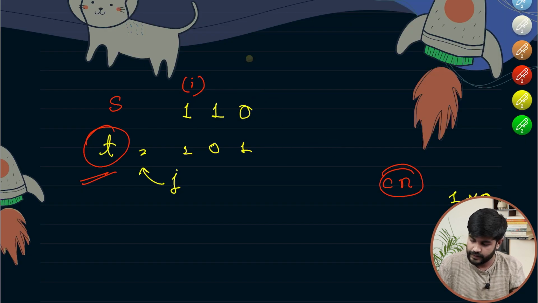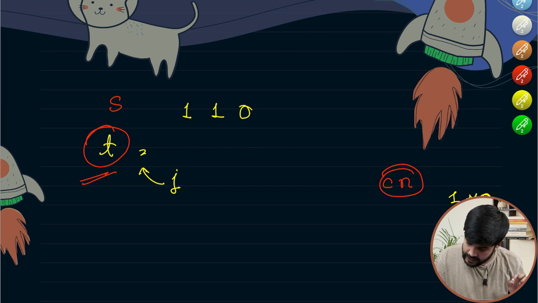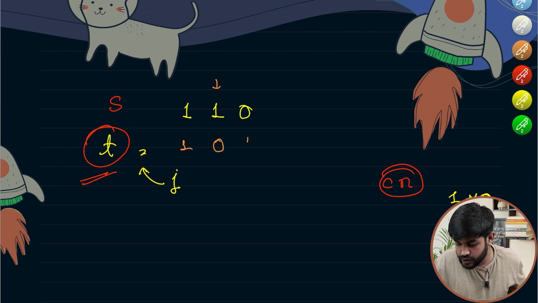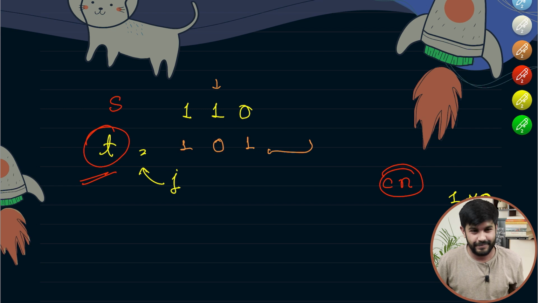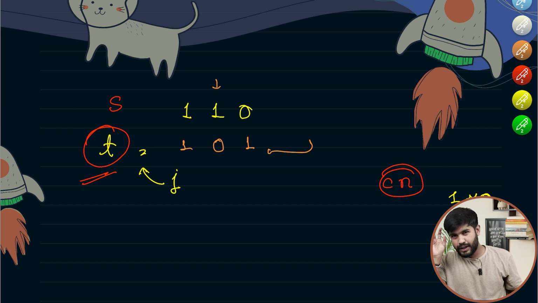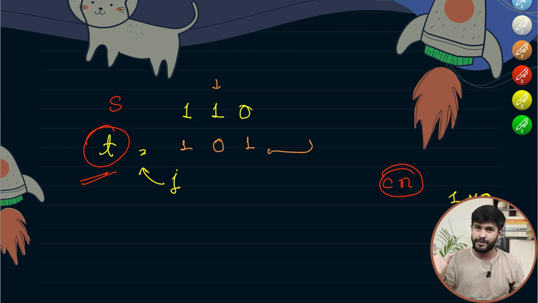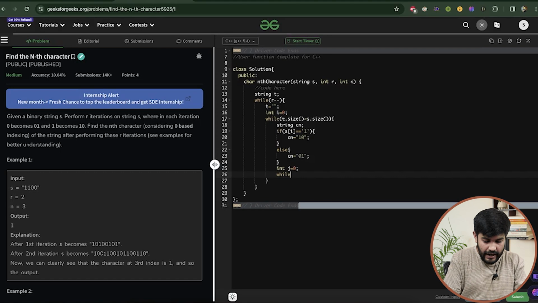I'm just explaining this case. So 1 would result in 1 0, and here 1 would result in just 1, and half of this cn should also be skipped.